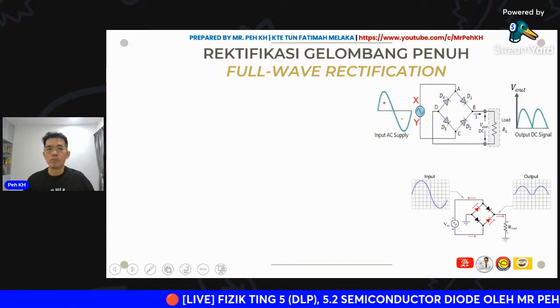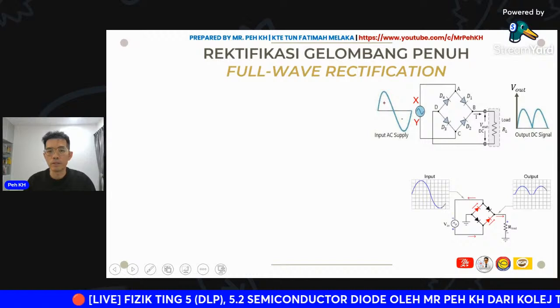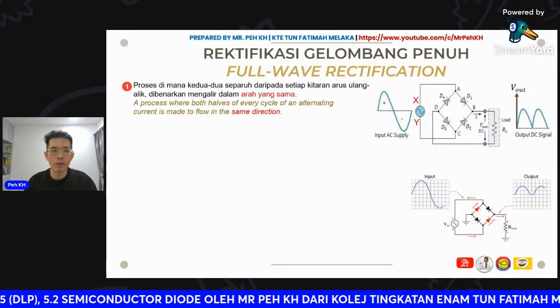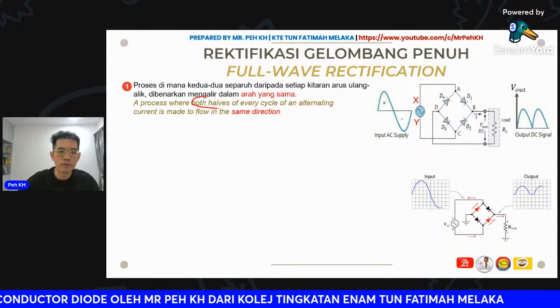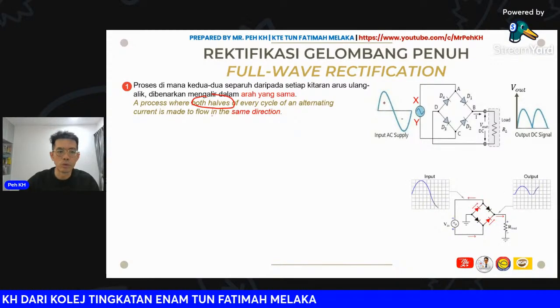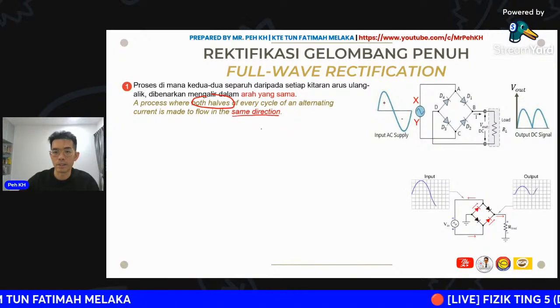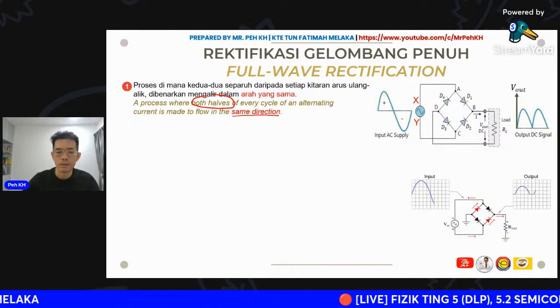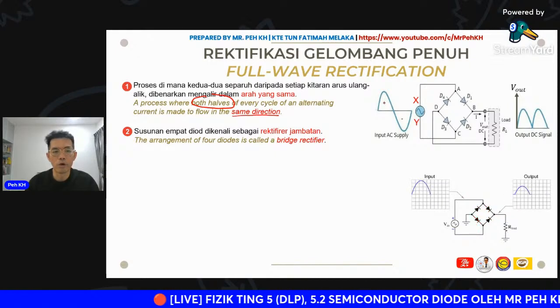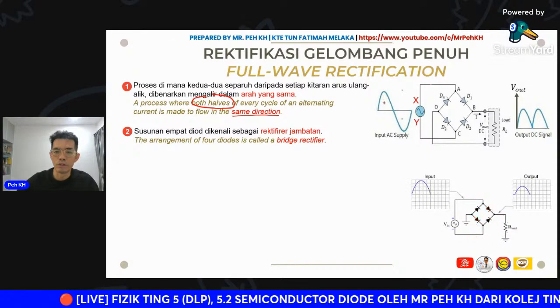Okay, so the next will be the full-wave rectification. What is a full-wave rectification? It is the process where both halves of every cycle of the alternating current are able to flow in the same direction. The arrangement of the four diodes here, D1, D2, D3, and D4, is known as a bridge rectifier.